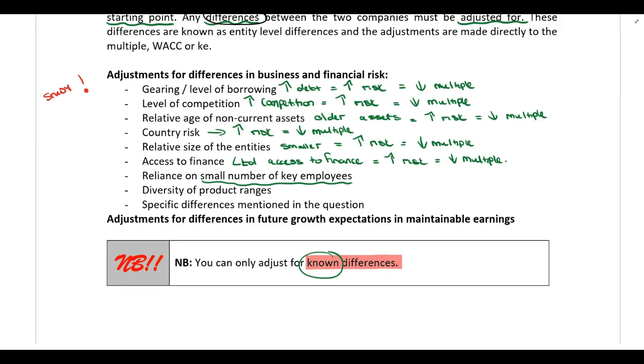Whereas on the other hand, if they have a large number of employees, if one leaves, it's not the end of the world. So normally when we have a smaller company or a very small Pty limited, we will find that they are reliant on a very small number of key employees. That obviously increases their risk, meaning again we will decrease the multiple.